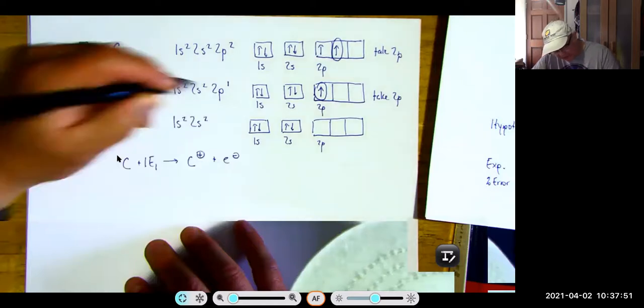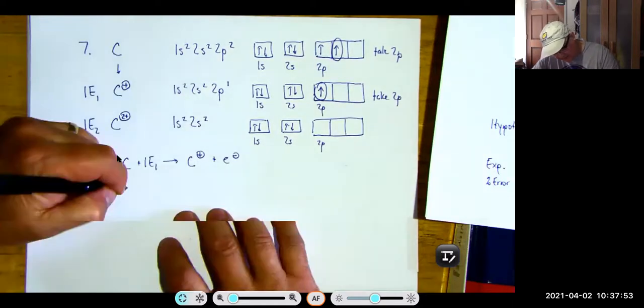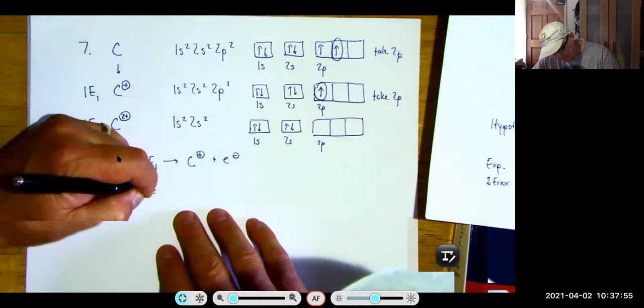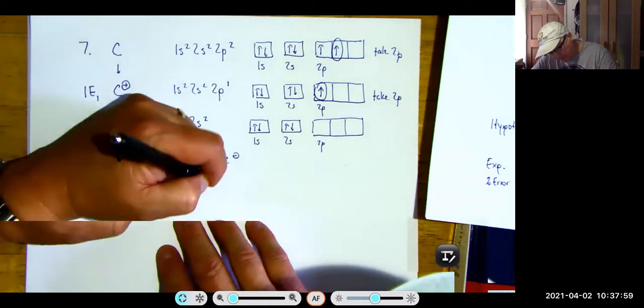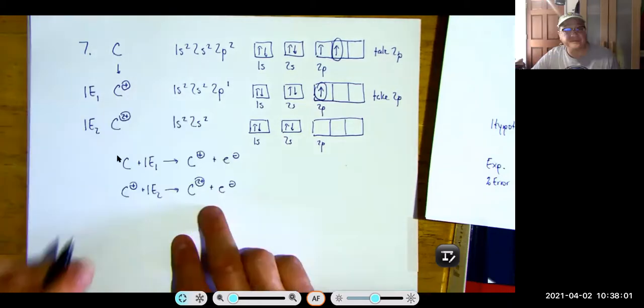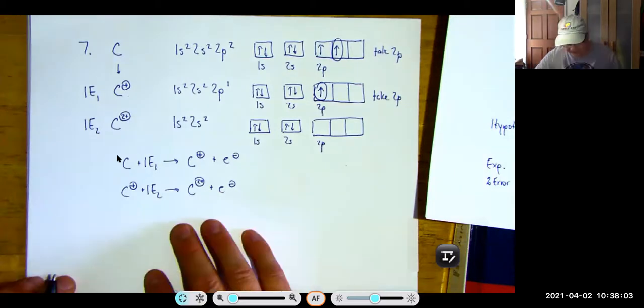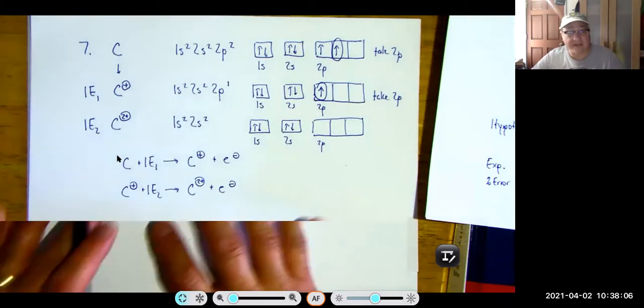That's ionization energy 1, and that's ionization energy 2. That's the reaction that we would write out, okay?